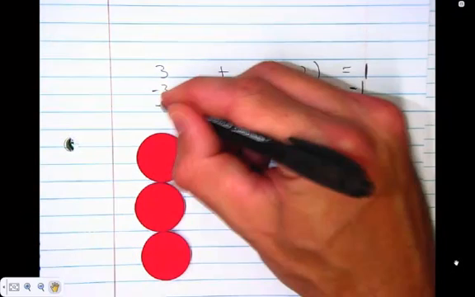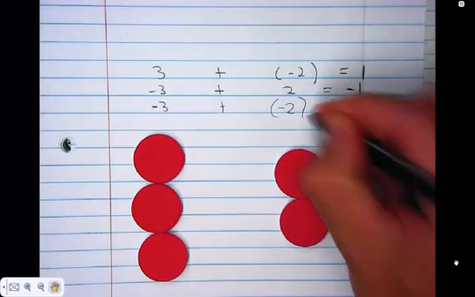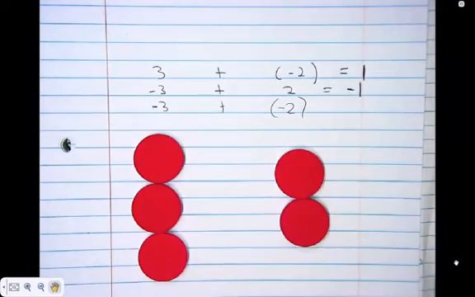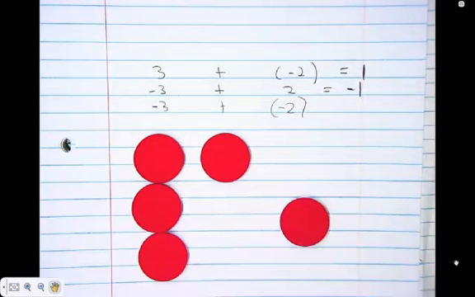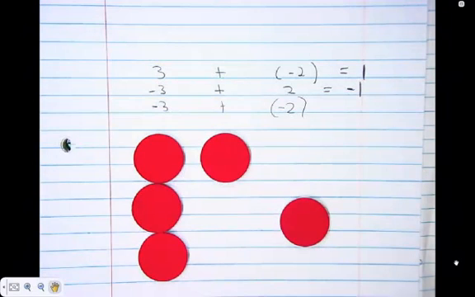So if we had negative 3 plus negative 2, what happens when these two red get in a fight?